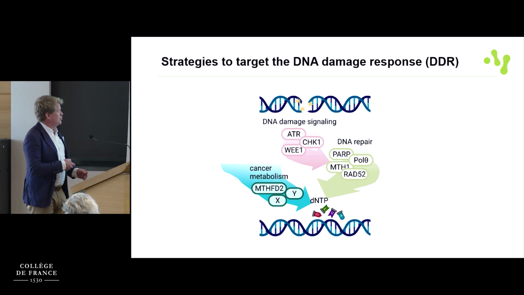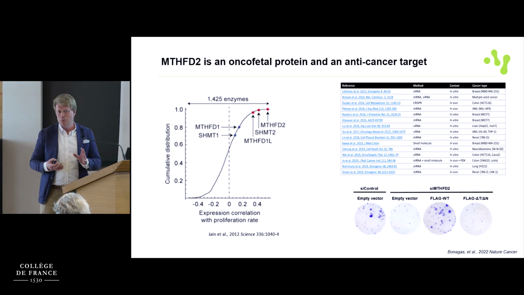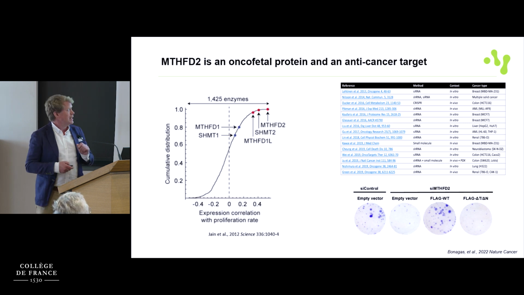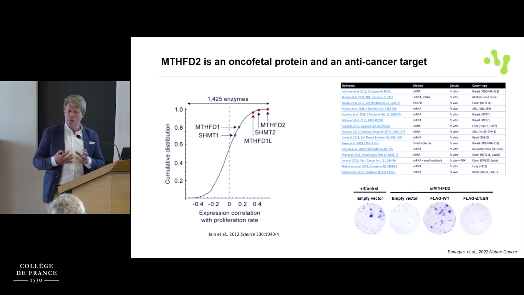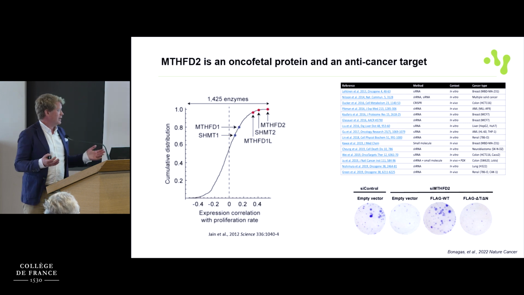So one of the proteins, MTHFD2, we were interested in this one. We were interested because it came out of a screen of 22,000 proteins. And the top protein that was an enzyme was MTHFD2. That is the most overexpressed enzyme in cancer, looking globally at cancer.